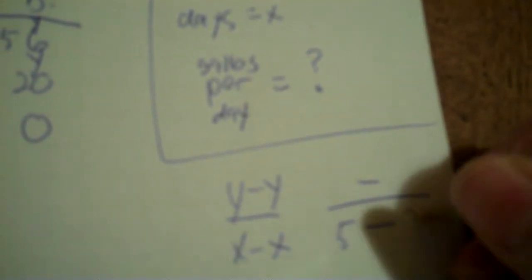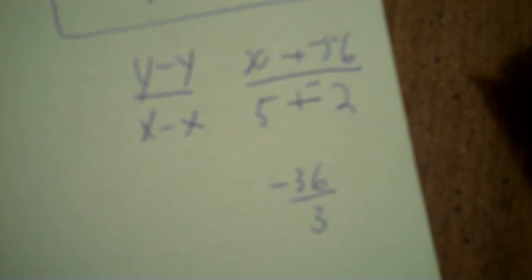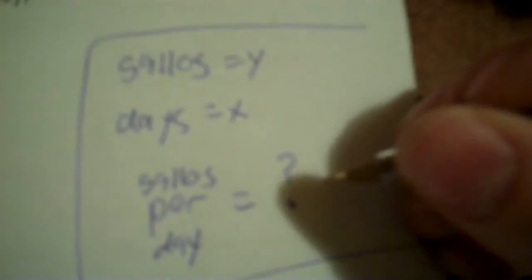You start with the higher X. So 5 minus 2 on bottom, and then 20 minus 56 on top. 20 minus 56, you can plus negative that. That's going to be negative 36, and then 5 plus negative 2 gives me 3. Negative 36 divided by 3 is going to be negative 12.